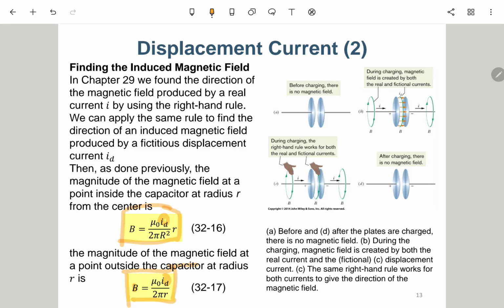Do you think these two formulas are familiar? Have you seen this before? Yeah, the answer is when you consider the static current. The B field will be like mu0 I over 2 pi r if it is outside, and then if it is inside the wire, it will be like this.